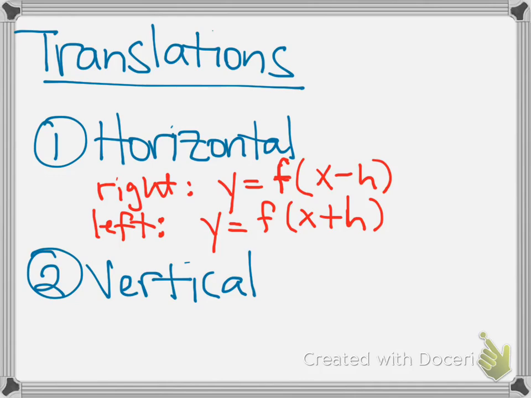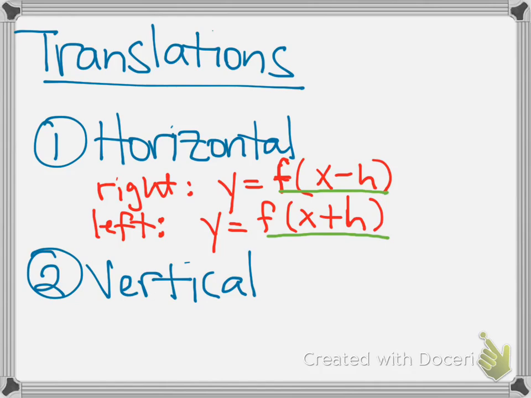Now that might be a little bit confusing because you do think normally that if I'm moving to the right, then shouldn't I be adding, and moving to the left means subtraction. And if you're working on the number line, that's certainly the case. But just keep in mind that here for these translations, it's actually the opposite of what you might expect, at least in terms of the horizontal translations.